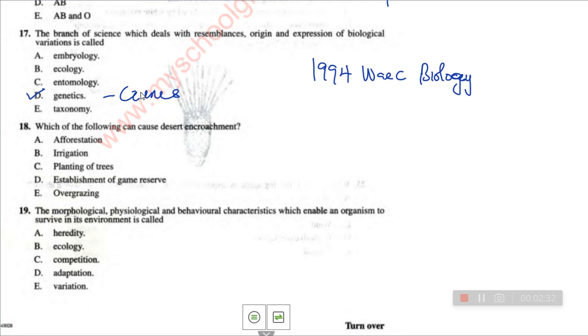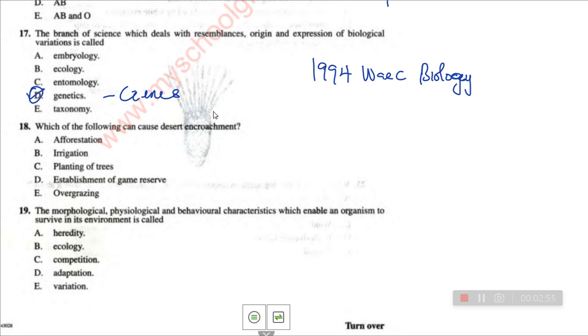Even you that are watching the video, there are some genes that are present in you. Some of you resemble your dad, your mom, or your relatives. These are the main things that we study in genetics. So the answer is genetics.